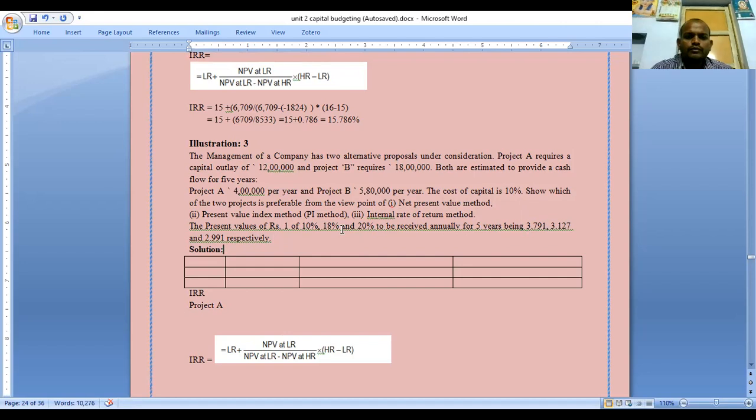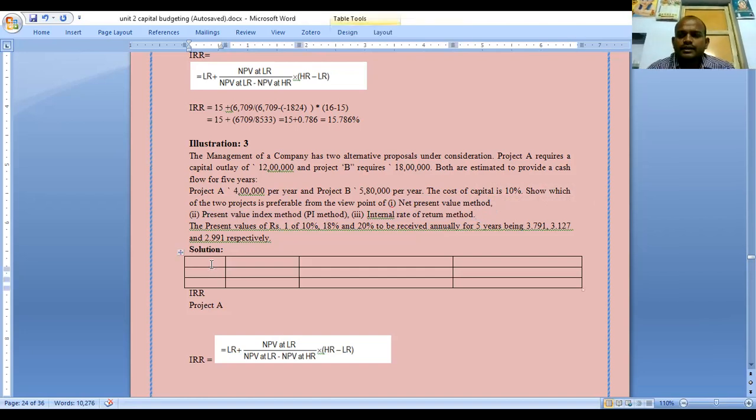So we have to decide which project gives benefit, by using these techniques, we have to tell our decisions, and which one is preferable according to these techniques.